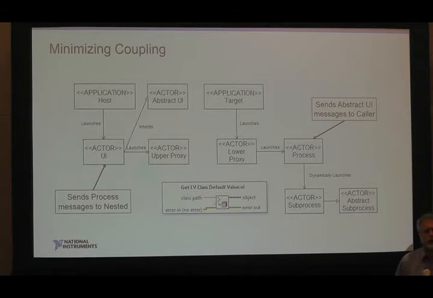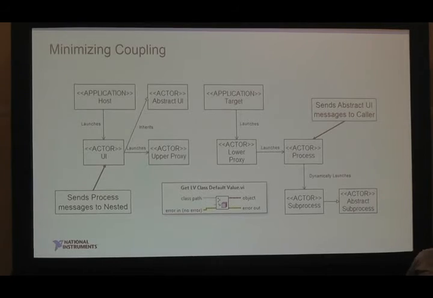Coupling's a little more complex. Okay? From nested to caller is what we've been talking about. You'll have that abstract UI, just an interface class like we talked about, and it will have an abstract proxy child that has the local code. On the nested side, on the lower side, though, the way this works is the caller has to be statically linked to the actor that's going to be launched on the nested.